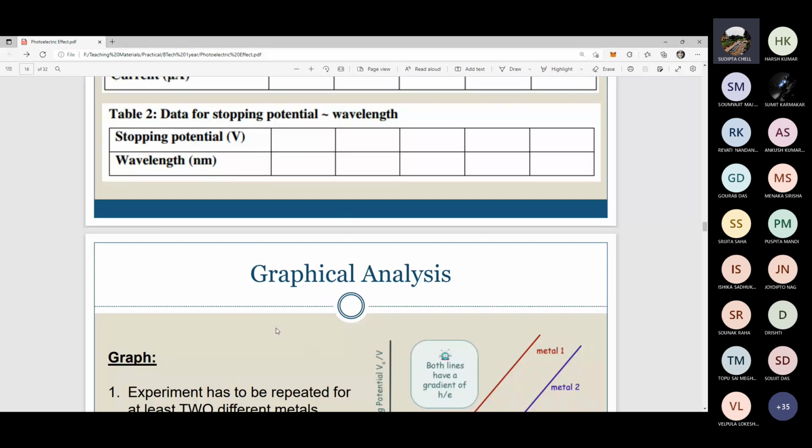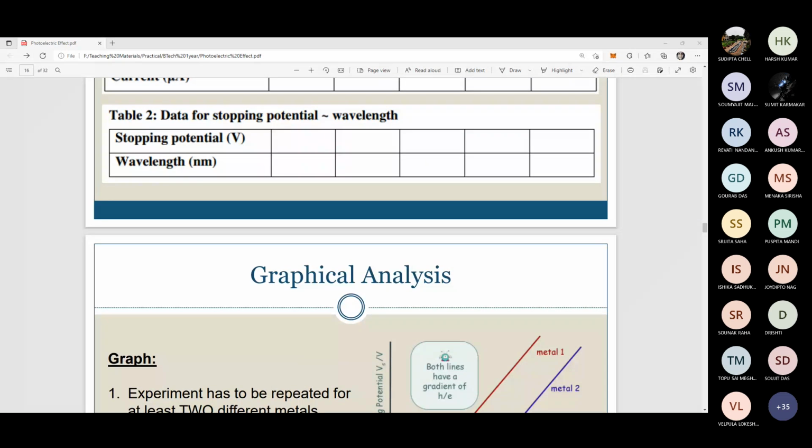Then sir, the page number will increase. Yes, the page number will also increase. So you consider at least 2 materials of your own choice. Now I am sharing this, then you can see. Sir, then the first unnamed table we need not write? Yes, no need to write the first table.